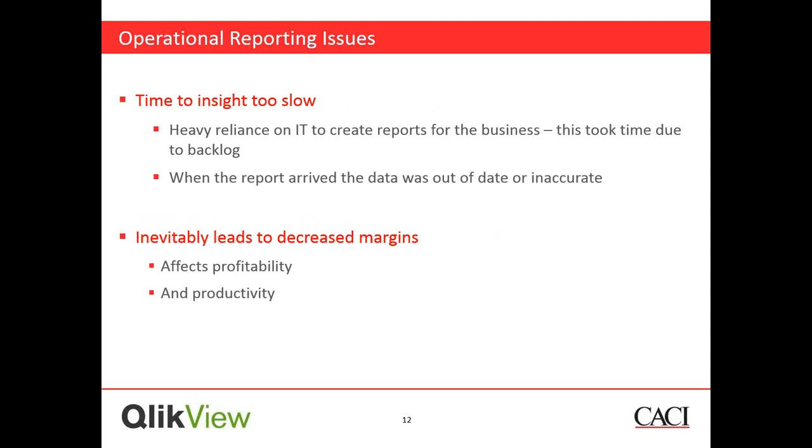It usually gets a backlog and leads to frustration with IT, even though it's usually because they're under-resourced. And when the report finally arrives, it's usually out of date or inaccurate. Inevitably, on the contract, this can lead to decreased margins for a range of reasons, usually because you can't spot opportunities for improvement quickly enough, which leads to a decrease in productivity, which obviously affects your bottom line and profitability of the contract.